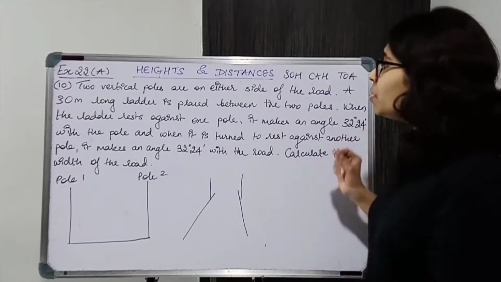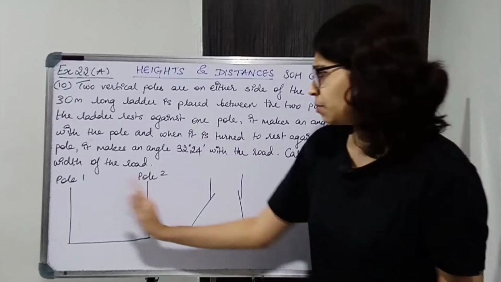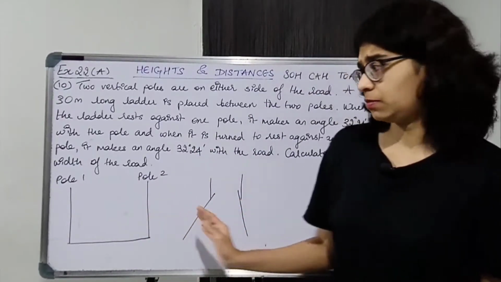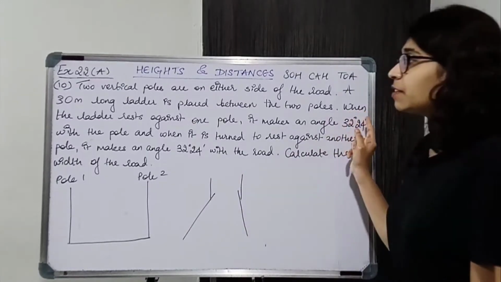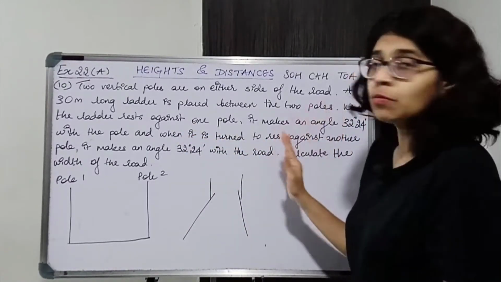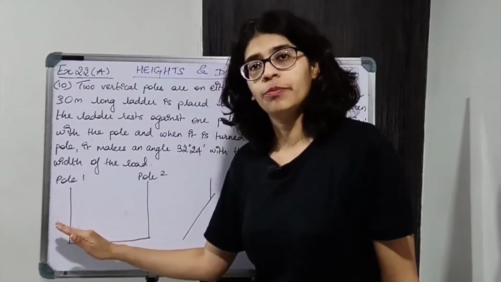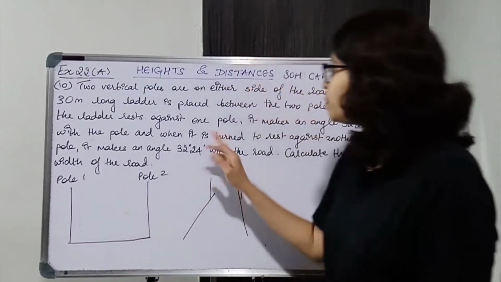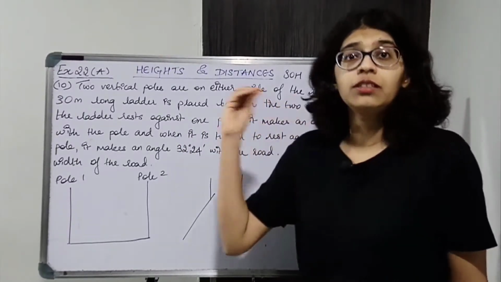Now there is a 30-meter long ladder which is placed between the two poles. We are placing it turn by turn. Over here it is given, when the ladder rests against one pole, so first we are placing the ladder against one pole. When it is placed against one pole, it makes an angle 32 degrees 24 minutes with the pole.